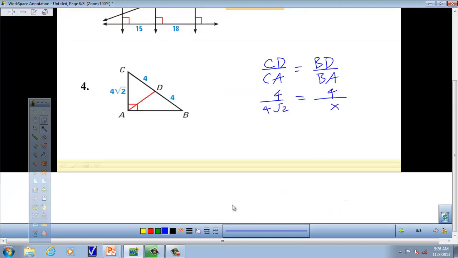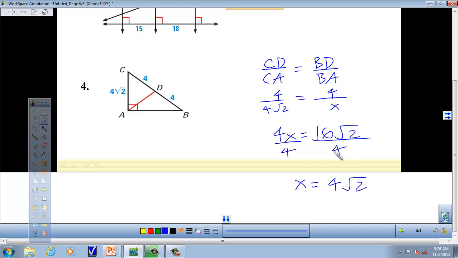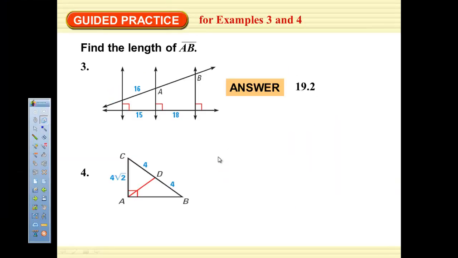I think you can kind of figure out what's going on here. But we get 4x is equal to 16 rad 2, dividing both sides by 4. We get x is equal to 4 rad 2 because 4 and 16 divide evenly. Okay? And that's it. Thank you.